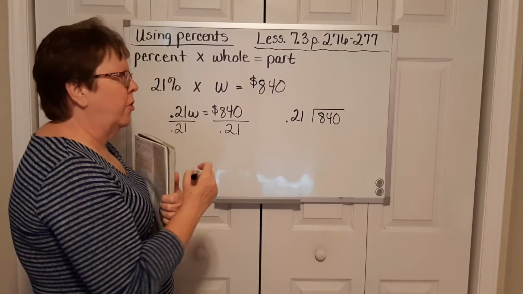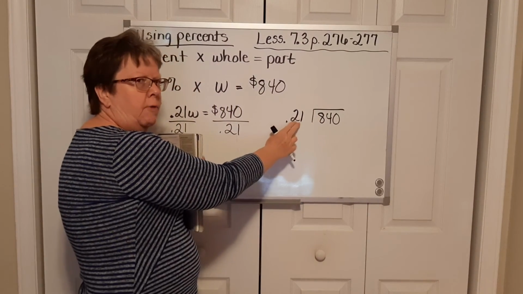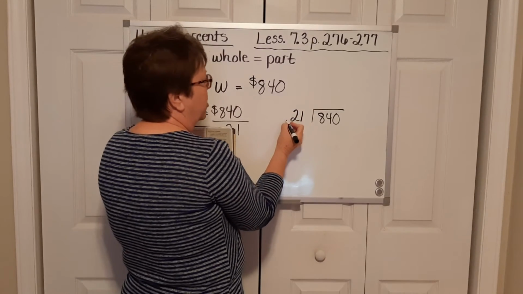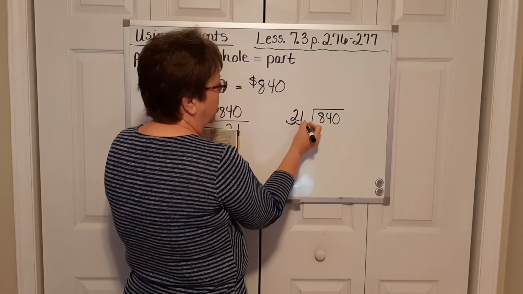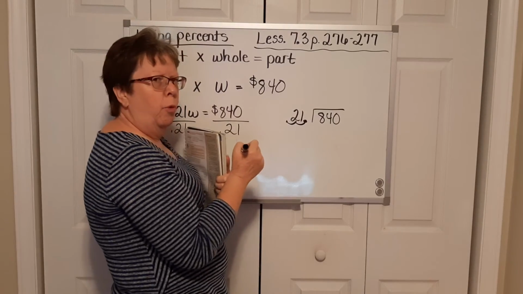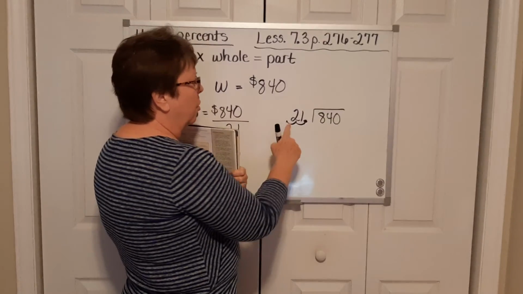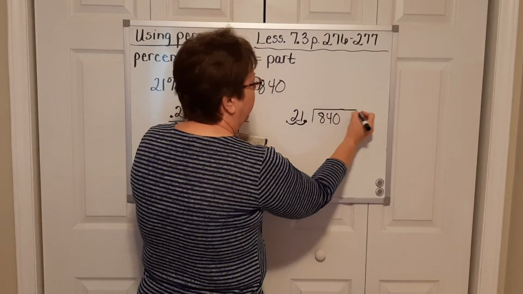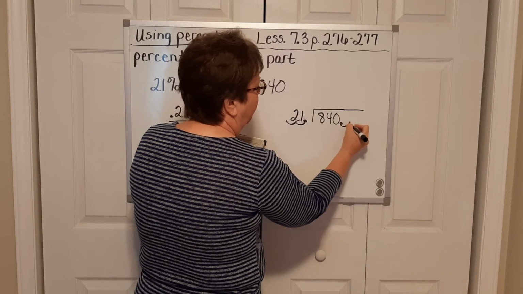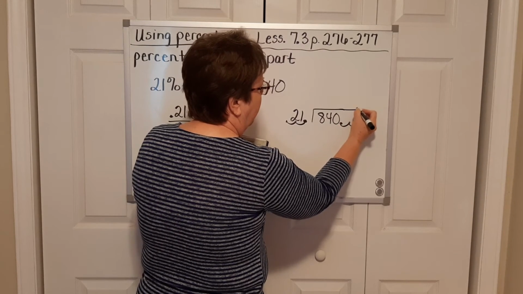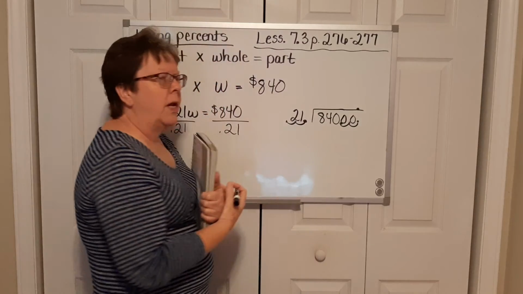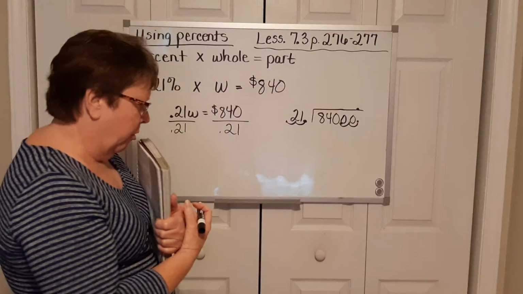Just a reminder, when you're dividing with a decimal, you have to make that decimal a whole number. So this has to go 2 places to the right, and that made the 0.21 a whole number. If that went 2 places to the right, your decimal point here has to go 2 places to the right. Always do that if you need to before you figure out your answer.